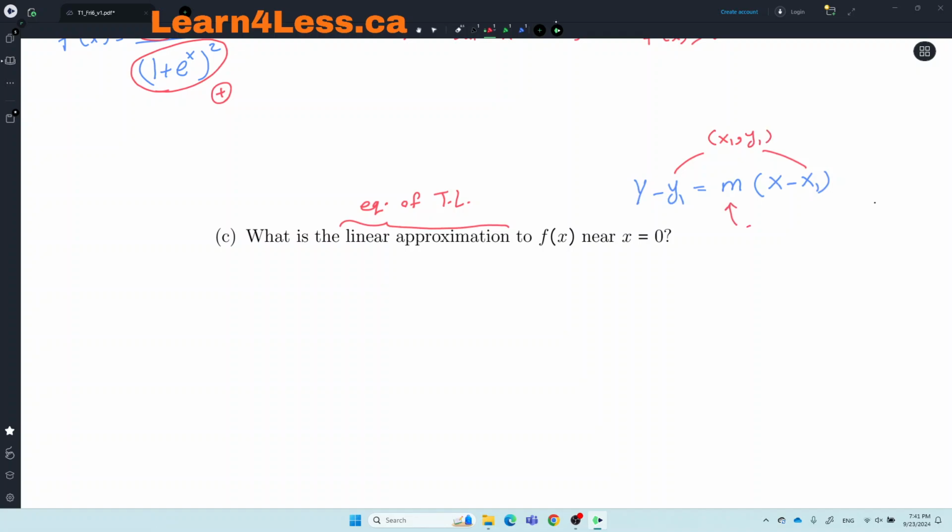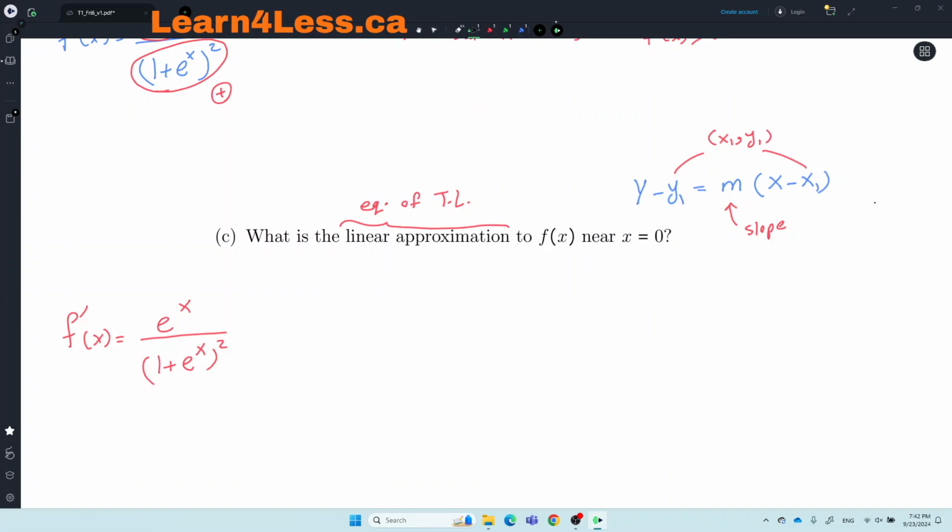What is m? m is the slope. No matter what method you use, you need the slope for the line. What is a slope? A slope is the derivative. So the slope comes from f prime of x, which is e to the x over (1 plus e to the x) squared. We are evaluating the linear approximation near x equal to 0. They could say near x equal to 0, or they could say at x equal to 0.